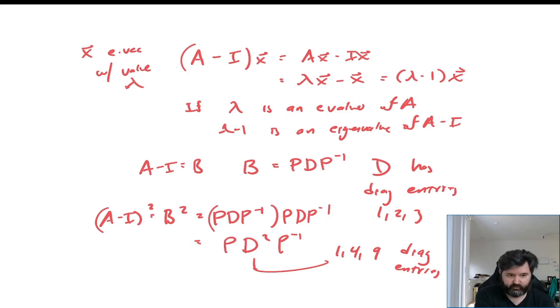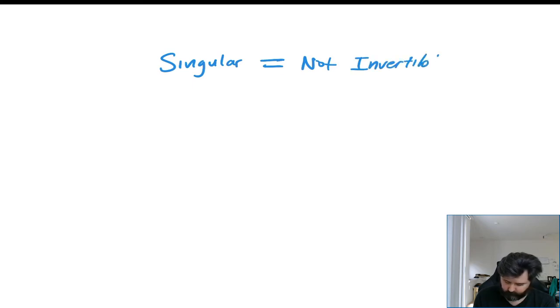Just remember that singular means not invertible. So if it's not invertible, 0 has to be an eigenvalue. For question 6, there was only one choice where 0 was an eigenvalue, so it has to be the choice that has 0 because the matrix is not invertible.